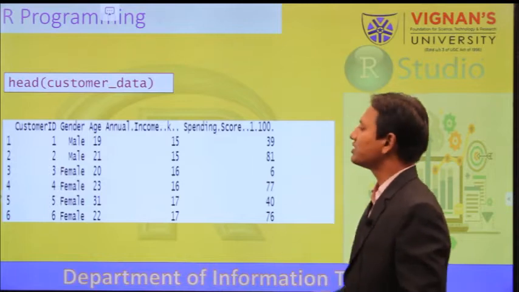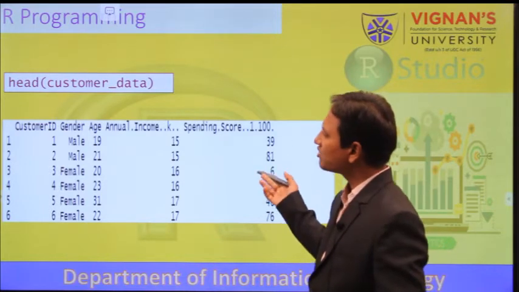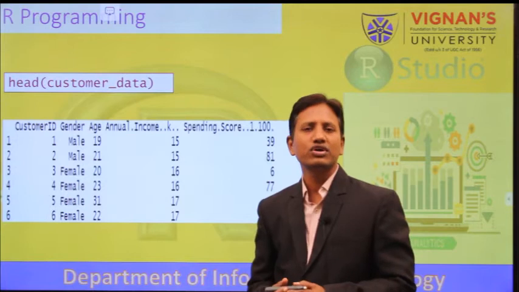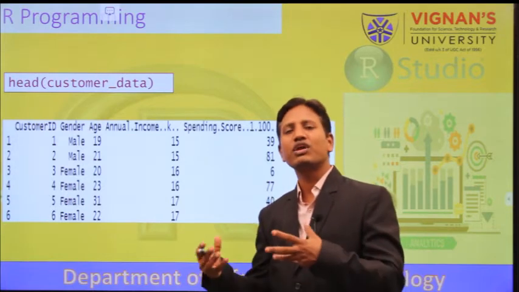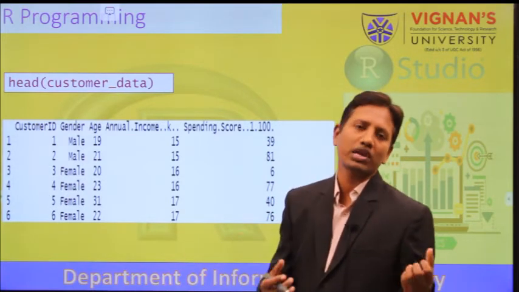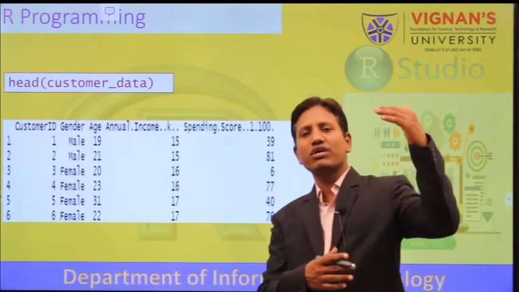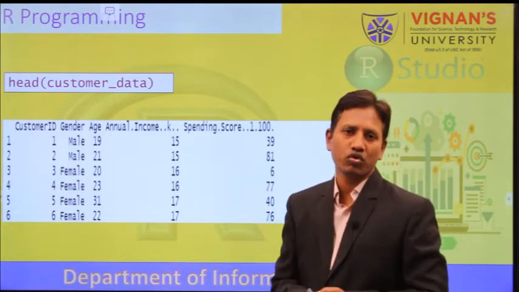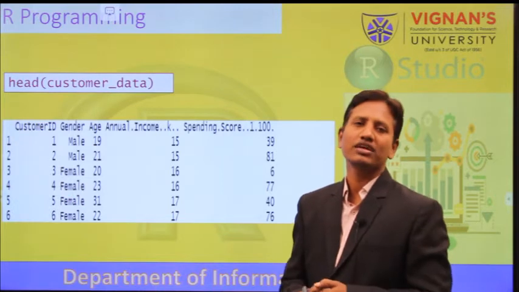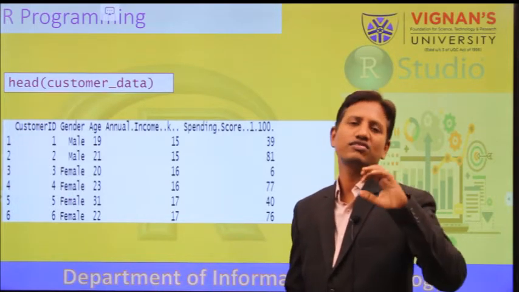We use head and tail to check whether the records have loaded properly or not. If the first few records and last few records are loaded properly, then we can assume that the whole data set is loaded properly.